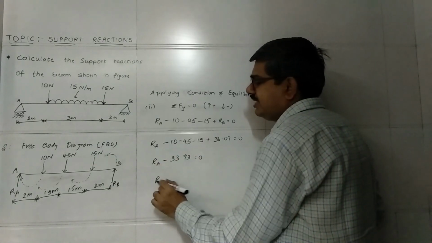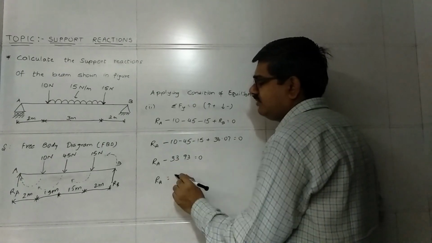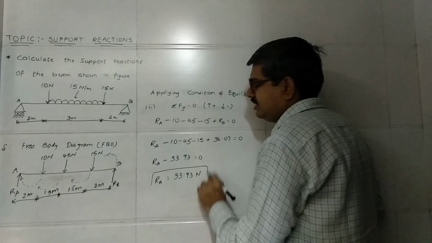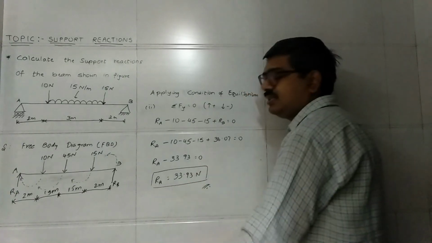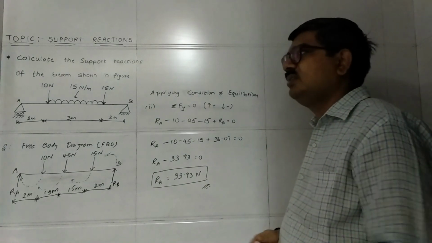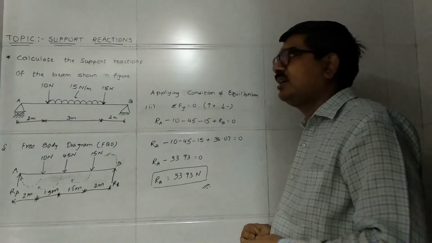Bring this to the right side, therefore minus 33.93 will become plus 33.93. So this is the second support reaction, that is the reaction at A. Okay, in this way you can find the support reactions of the beam.